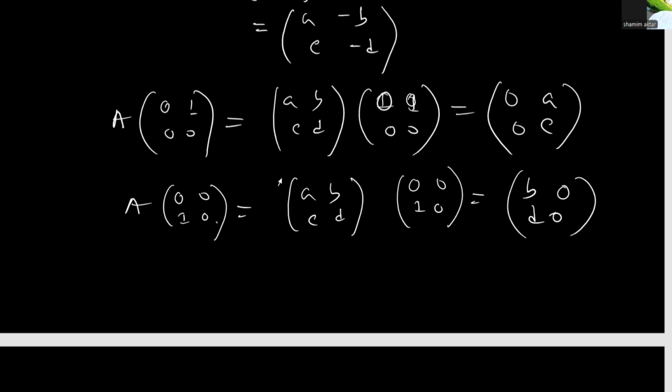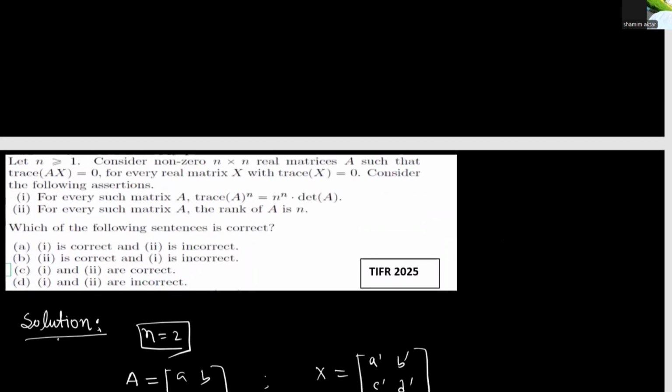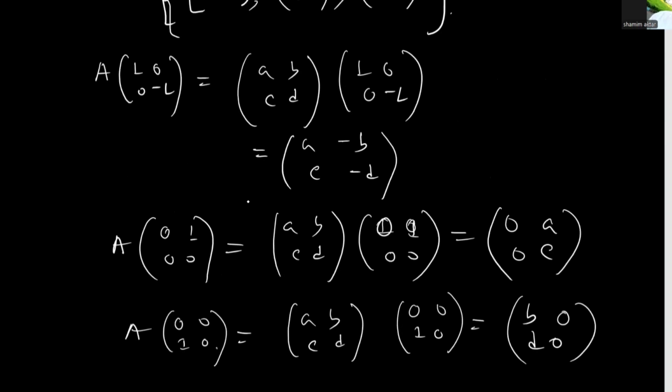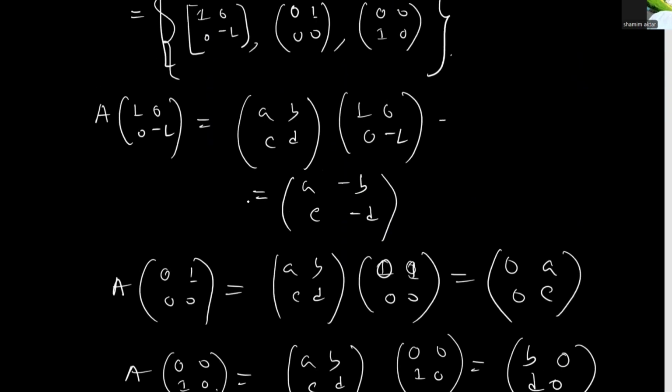Now the given hypothesis is that the trace of AX equals 0. So find the trace of the first matrix, which equals 0. So this implies a plus a minus d is equal to 0, that is a equal to d.